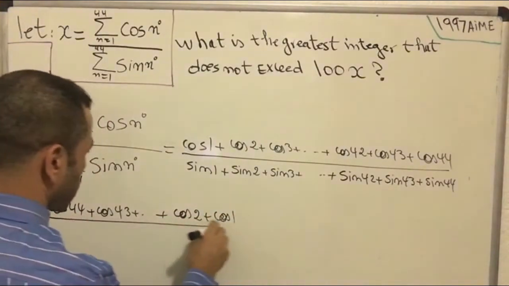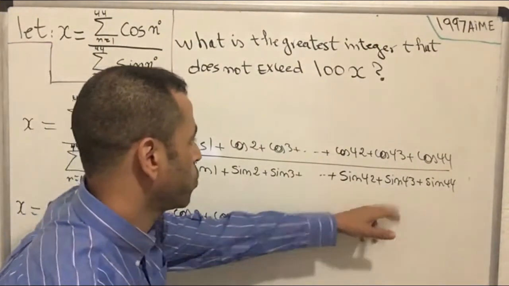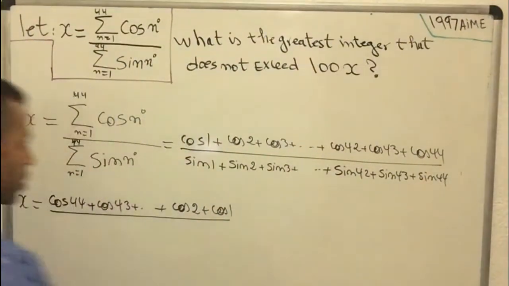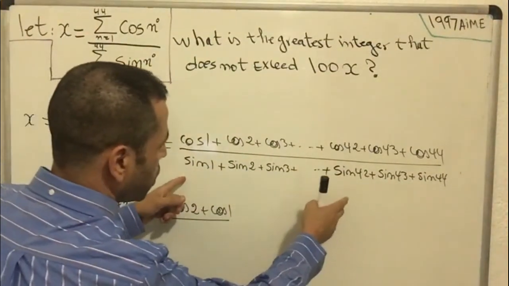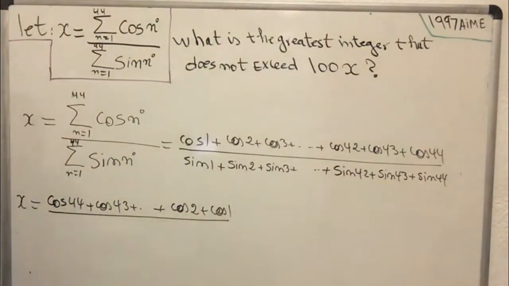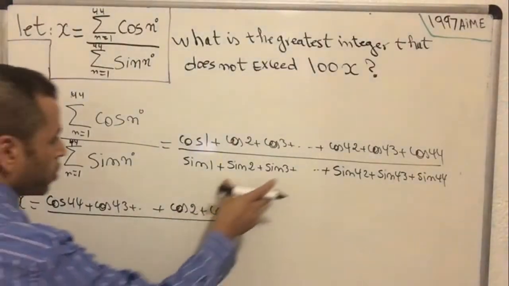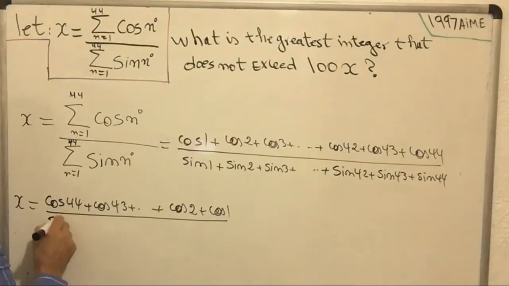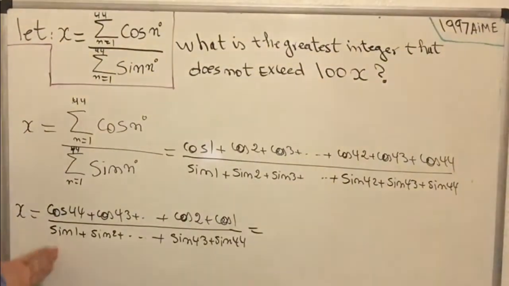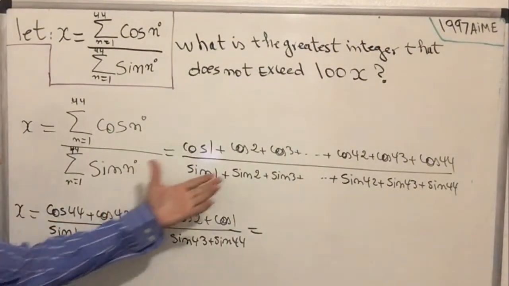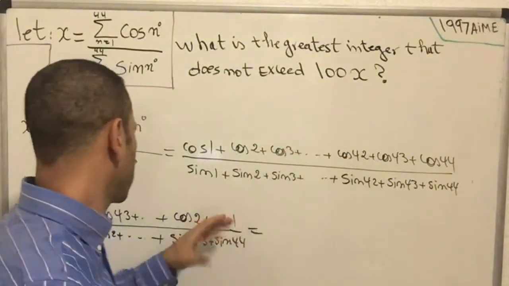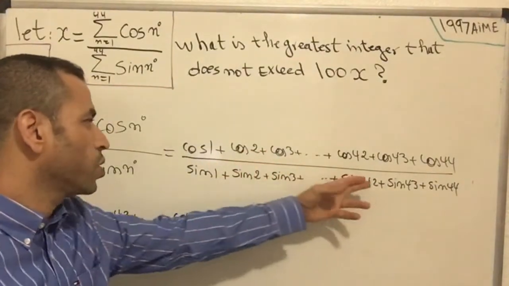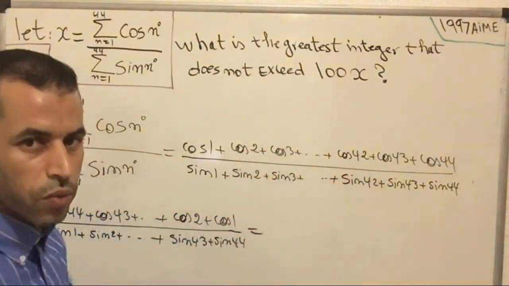The same thing with sine, I can switch all these terms, putting sine 44 in front. For the sine I can also leave all these terms as they are. Either way it is the same set of terms, I'm just flipping the order, putting the last term first.